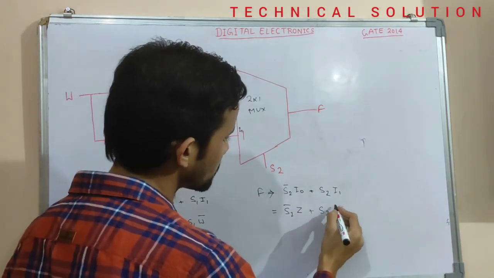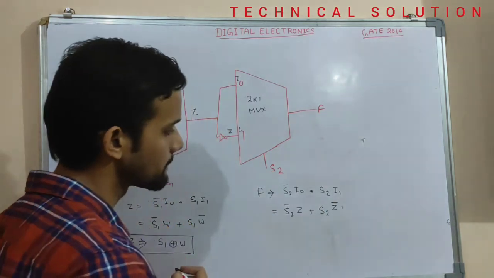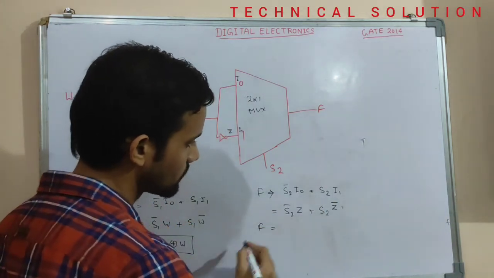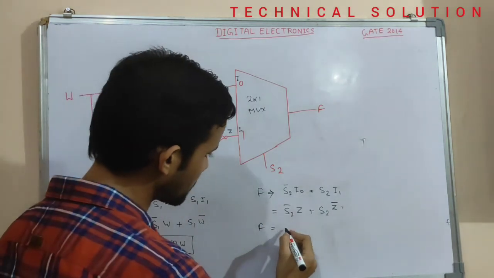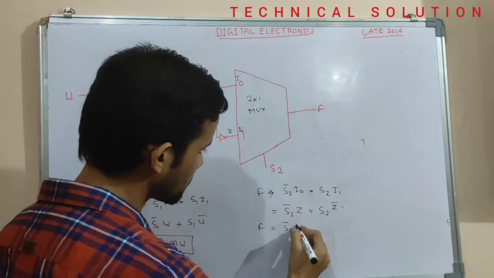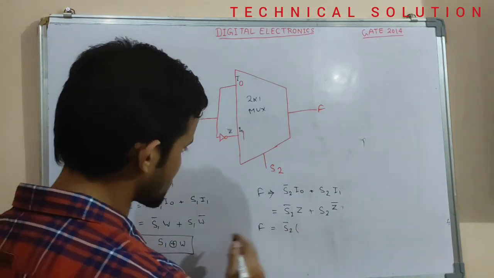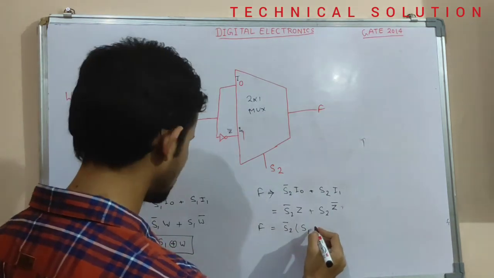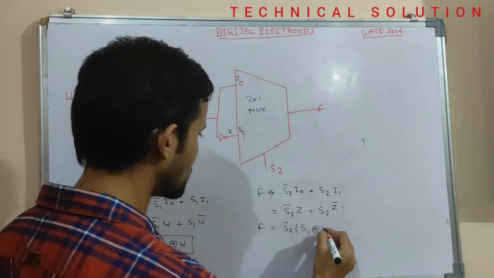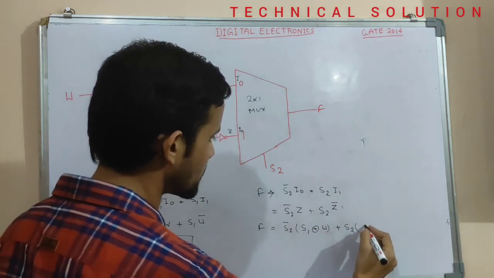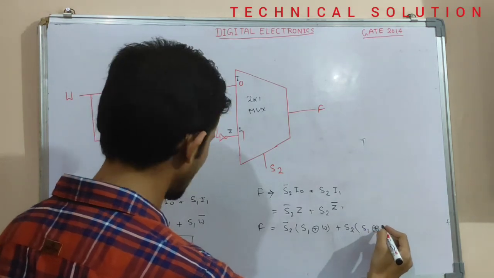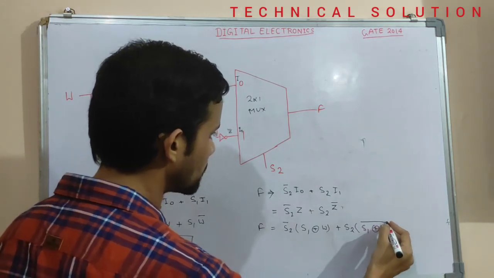So f equals S2 bar Z plus S2 Z bar. Put the value of Z. Here we get S2 complement into Z, which is S1 XOR W, plus S2 into Z complement, which is S1 XOR W complement.